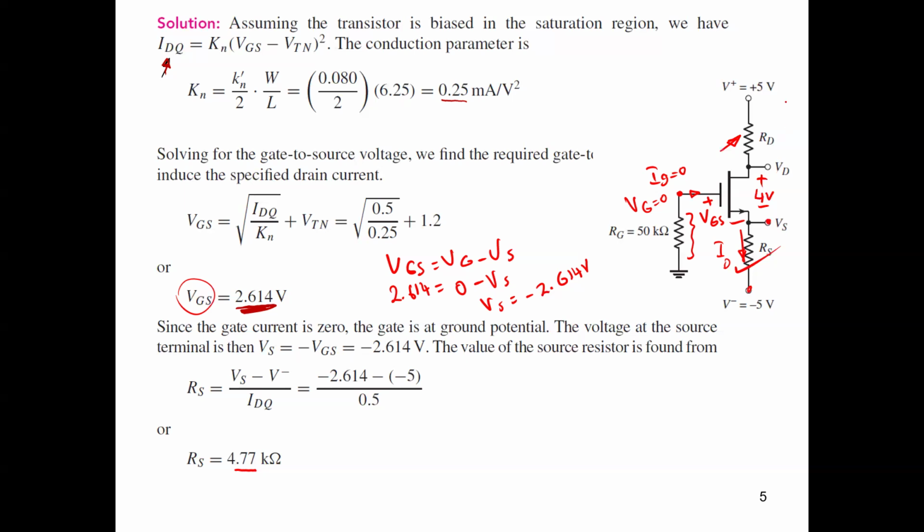So you can write a Kirchhoff equation for this loop here, which is V plus, or plus 5 volt, equals ID RD, ID is given, plus 4 volt plus ID RS, RS is calculated, minus 5. So this is the loop here.